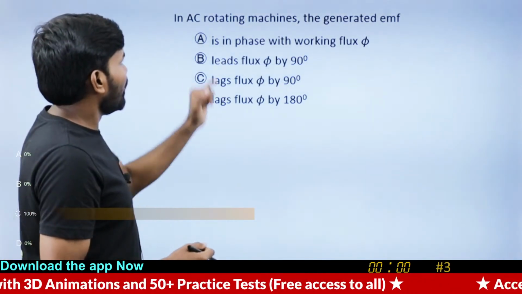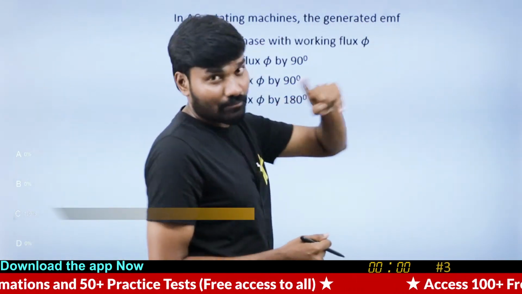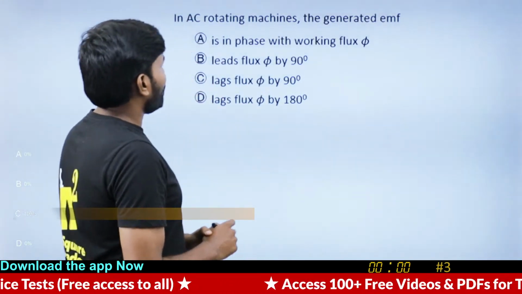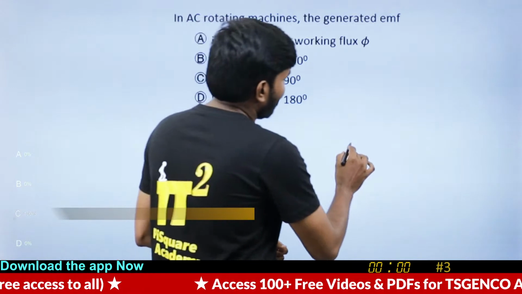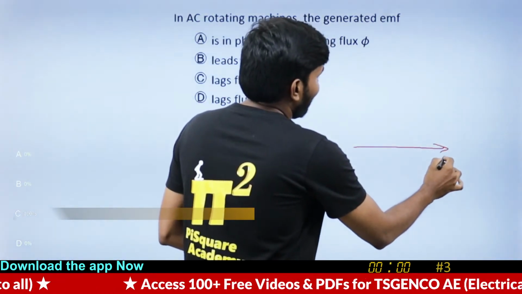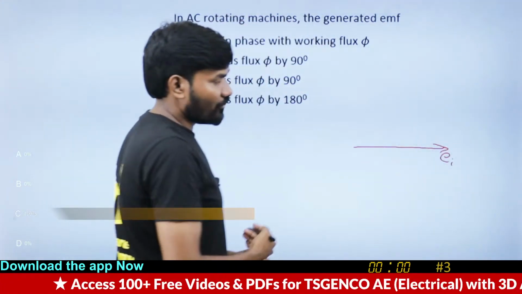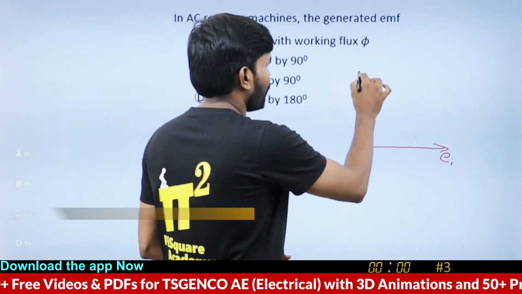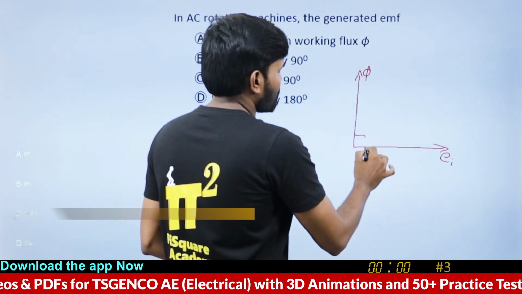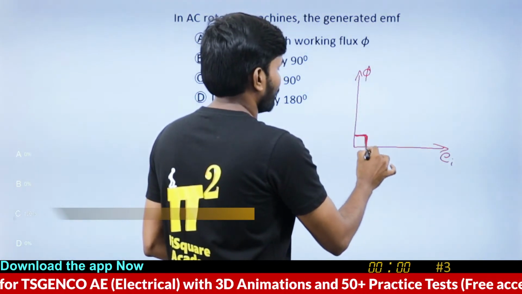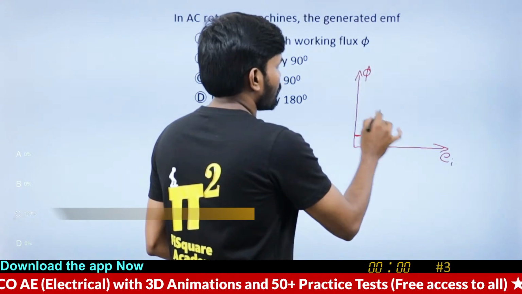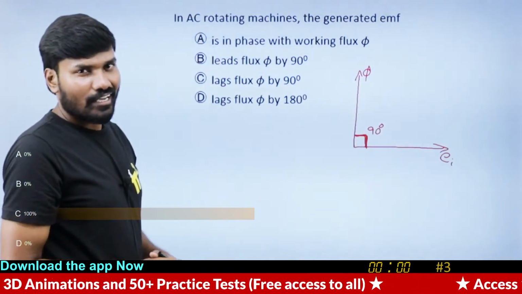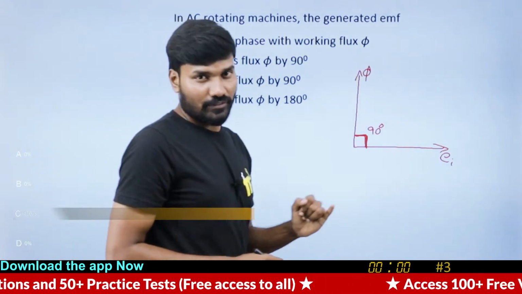The key point is, in a rotating machine, the generated EMF, key point I'm saying, beyond what you know, the generated EMF, always induced EMF or generated EMF you can call, always lags its corresponding flux. Approximately, ideally speaking, it's 90 degrees. This is not only true for AC machine, it is true for any machine.